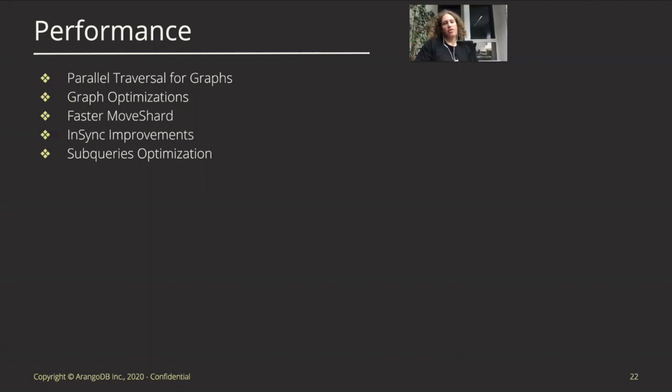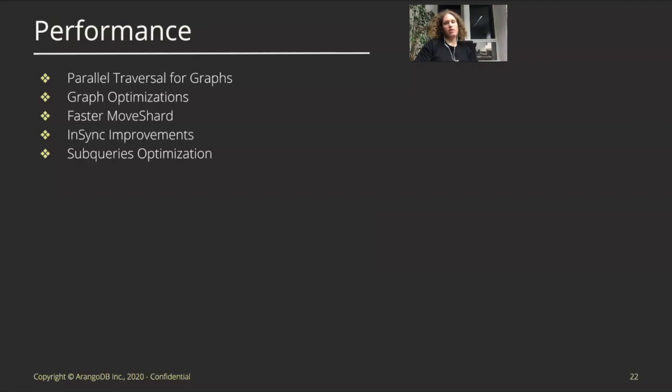And in terms of cluster performance, we already have a faster movement of shards. Imagine you're running on Kubernetes, you want to change your leader, you want to cycle through nodes because you're upgrading. This will be much faster, as we're doing a lot of that in parallel.